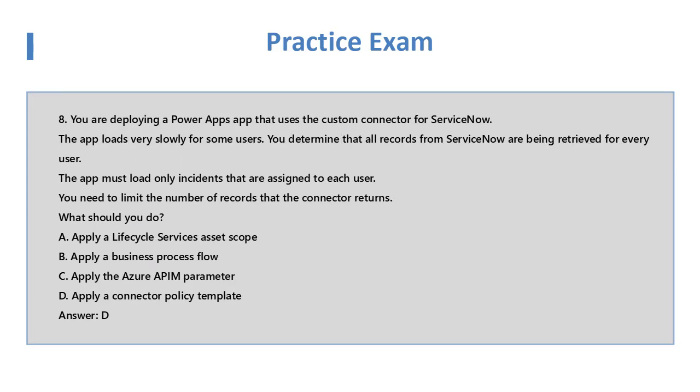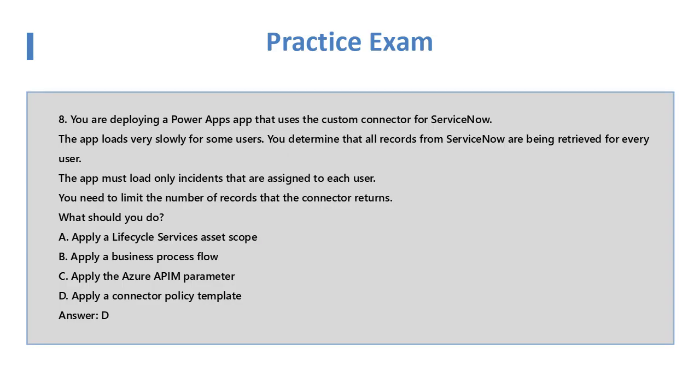8. You are deploying a Power Apps app that uses the custom connector for ServiceNow. The app loads very slowly for some users. You determine that all records from ServiceNow are being retrieved for every user. The app must load only incidents that are assigned to each user. You need to limit the number of records that the connector returns.